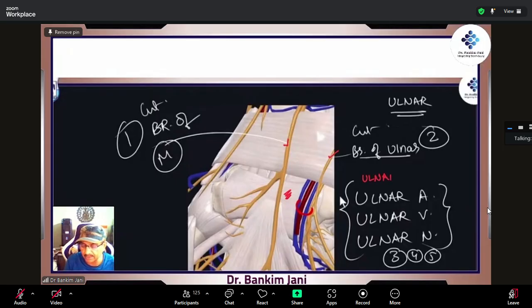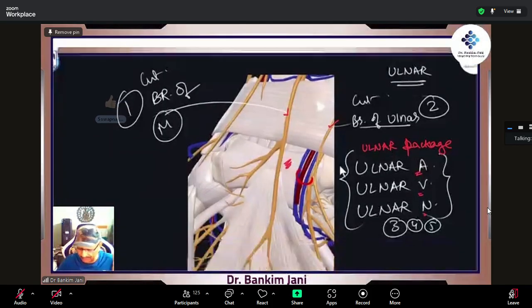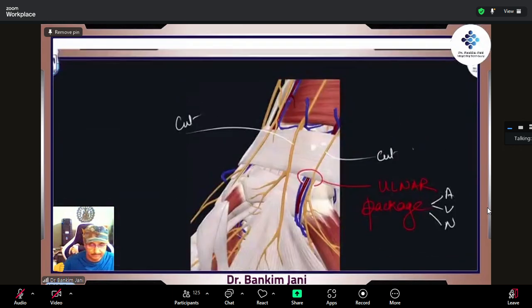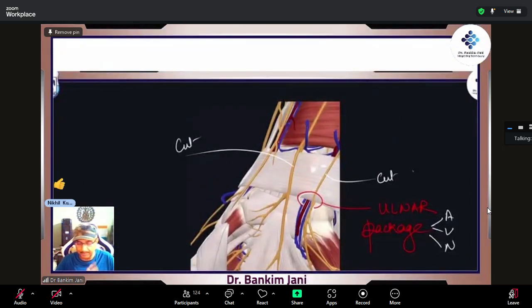In this ulnar package we have the ulnar artery, ulnar vein, and ulnar nerve, all of them passing superficial. So five things now we know: cutaneous, and the ulnar package. This is 1, this is 2, and this is 3, 4, and 5.